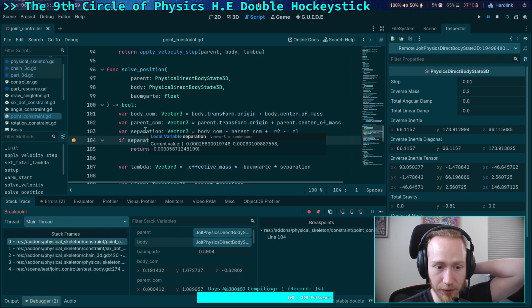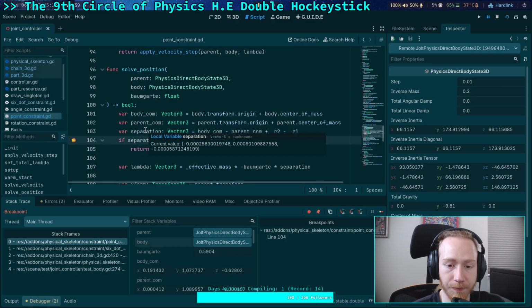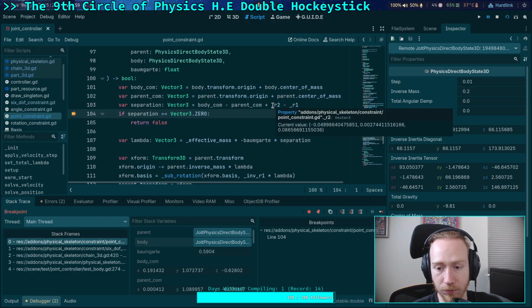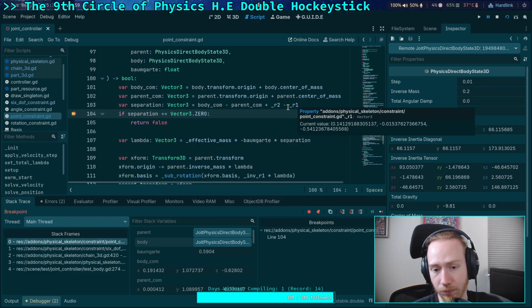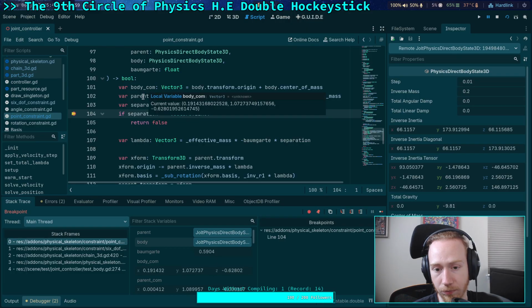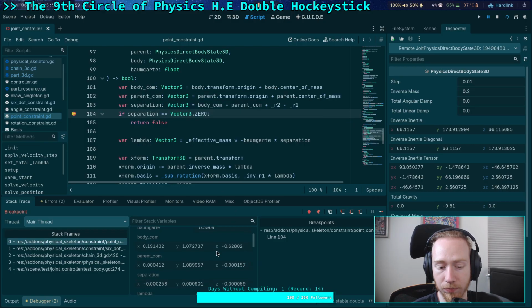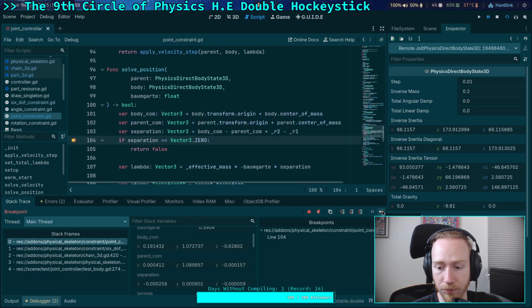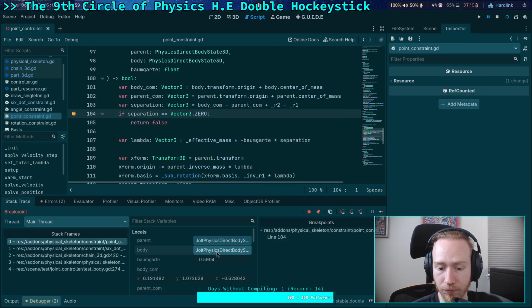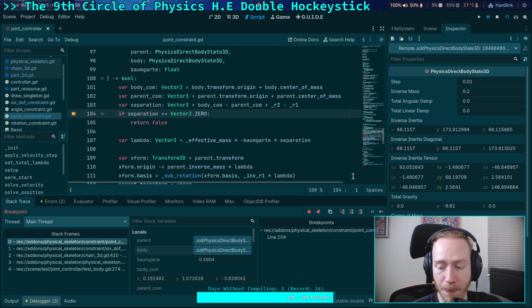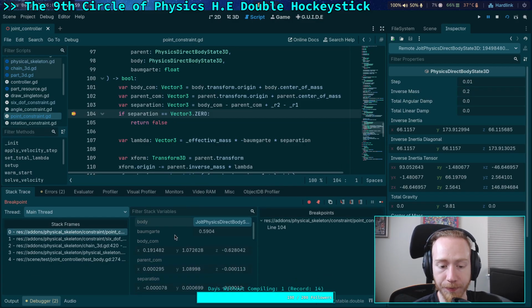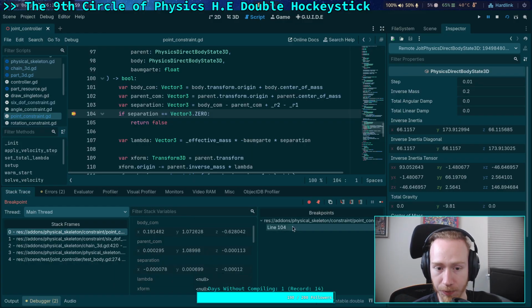I mean, okay, well, first of all, the separation is really low in this anyway. I may have to. I mean, it's not exploding. That's 3.